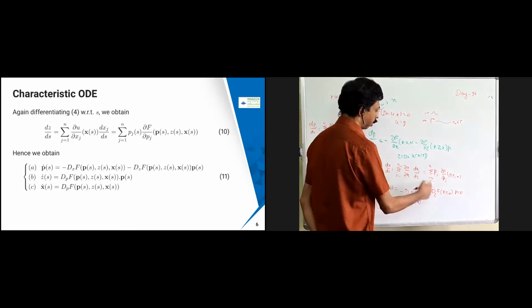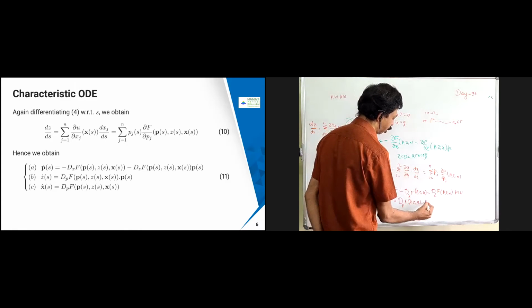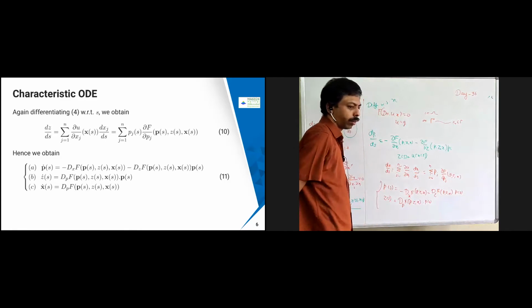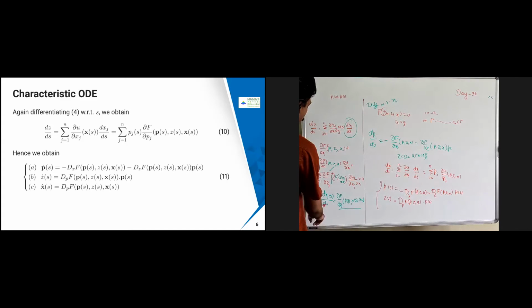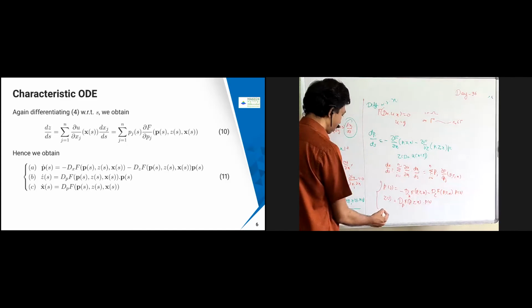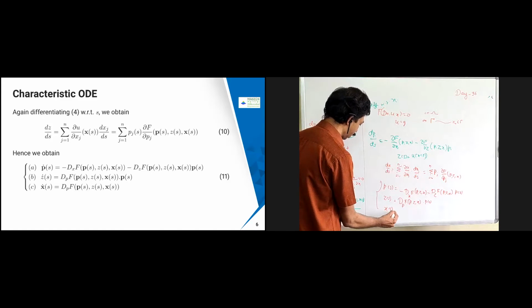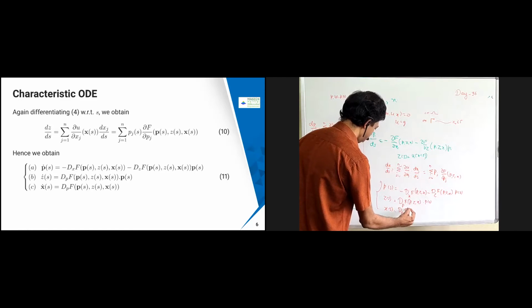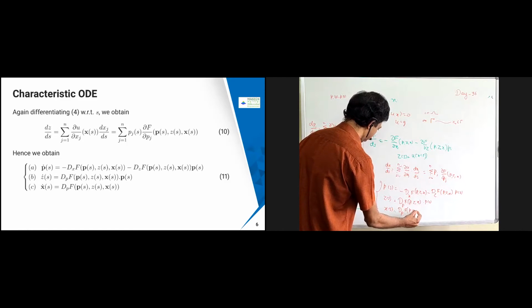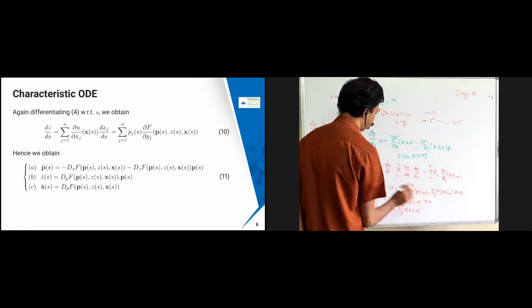Here the dot will come because there is a summation here. Similarly, from this one you can say that x of s is going to be dp of f of p comma z comma x.